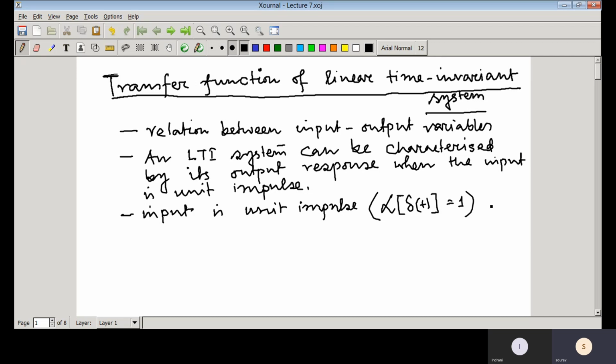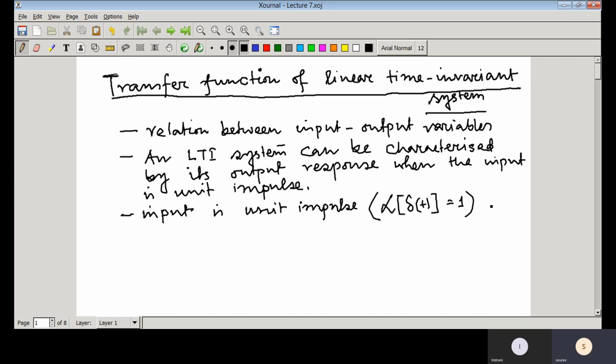But whenever we characterize our LTI system, the input that we consider is the unit impulse. Later we will see in detail that if you take the Laplace transform of the output when the input is unit impulse, then it gives you the transfer function of that LTI system. That thing we will see later.